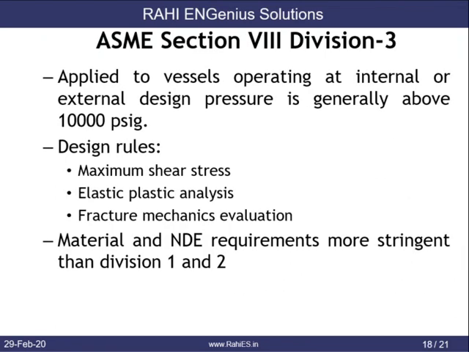Division 3 applies to pressure vessels generally above 10,000 psi, and the design rules are mostly based on FE analysis, and the NDE and material requirements are more stringent than Division 1 and 2.